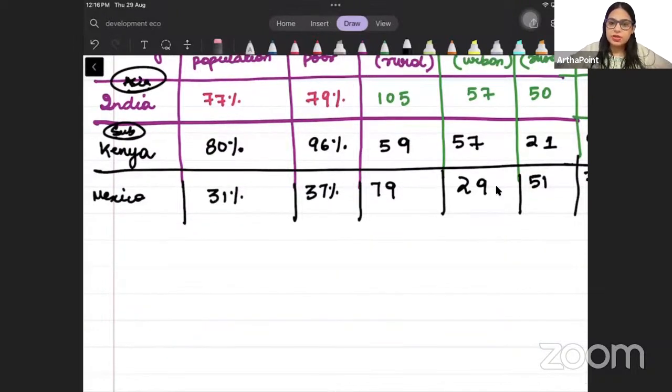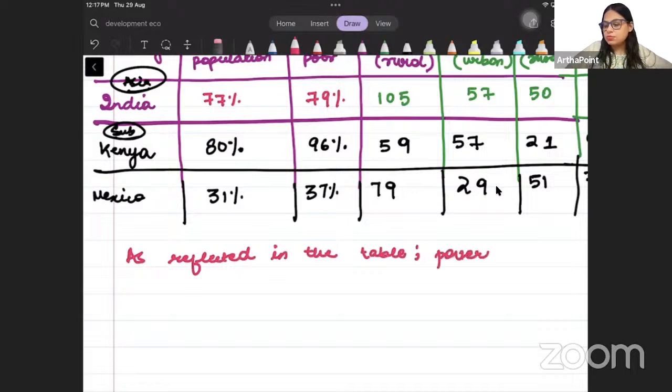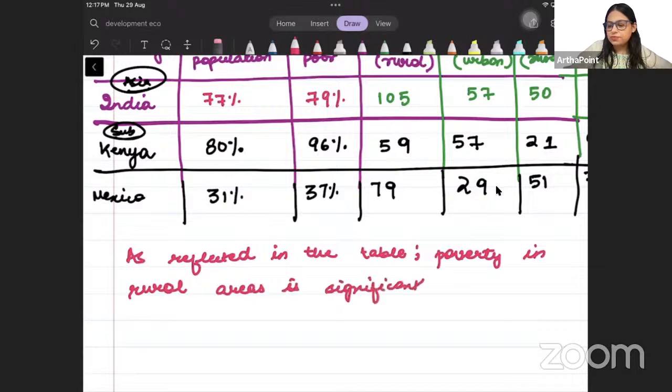Please write this with me: as reflected in the table, poverty in rural areas is significantly higher.